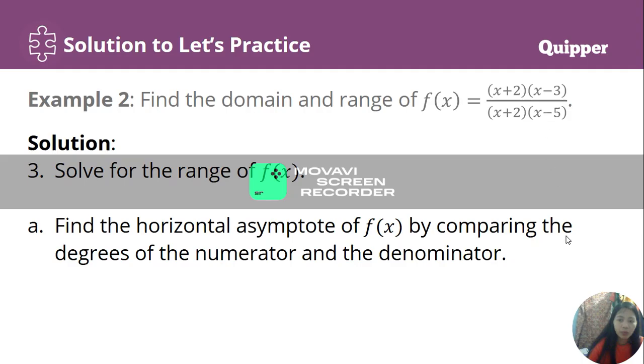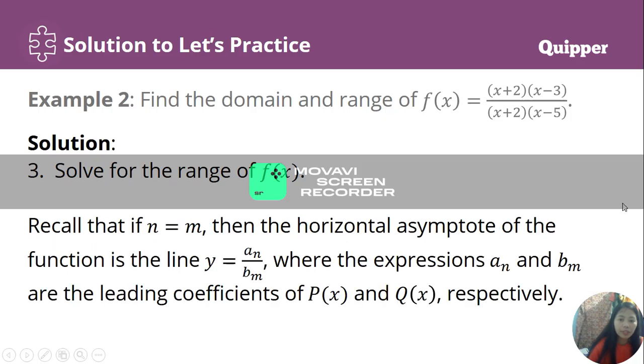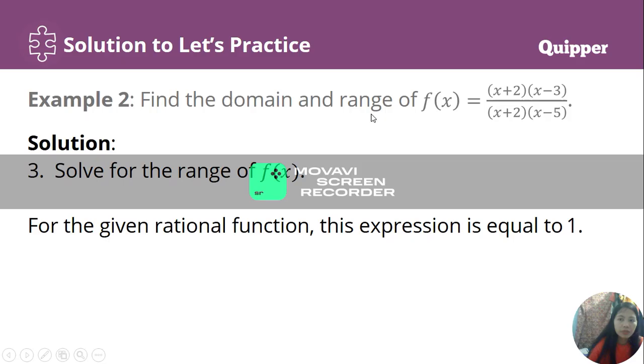So, they are all equal. If they are equal, then we take the leading coefficient of the numerator over the leading coefficient of the denominator. So our answer is 1 over 1, or 1 divided by 1, that is equal to 1.